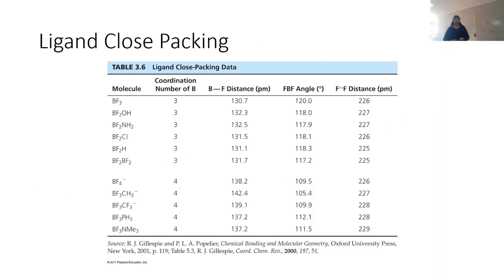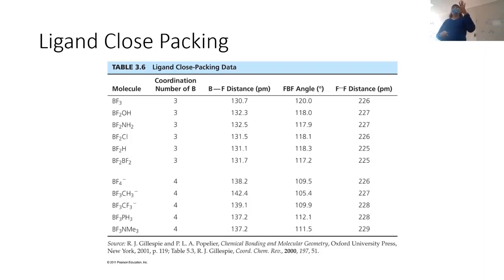Ligand close packing says that for any central atom, a given external atom will like to be a particular distance away from other external atoms of the same kind. In this scenario, we're looking at boron in the middle and fluorines on the outside.